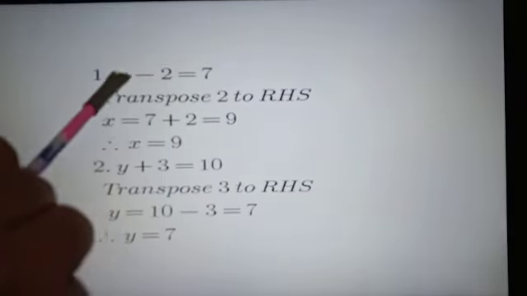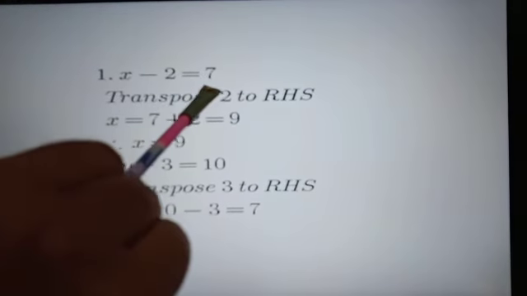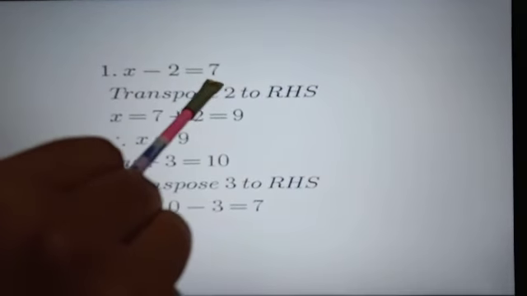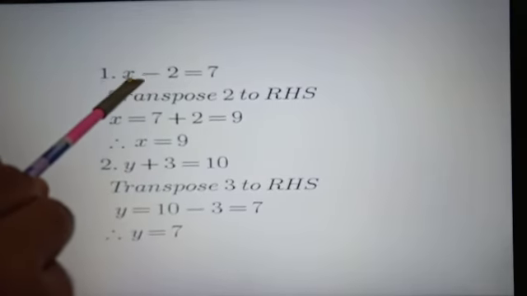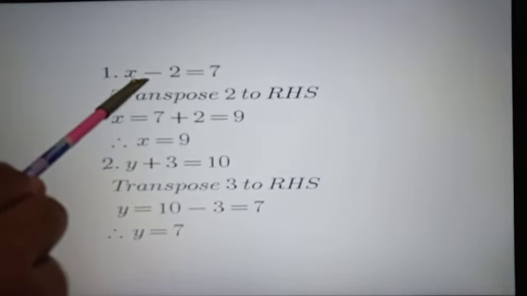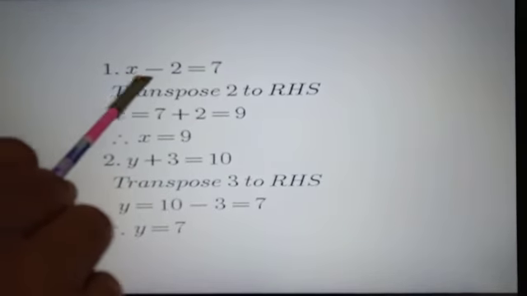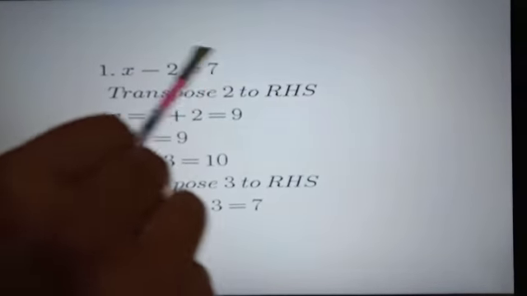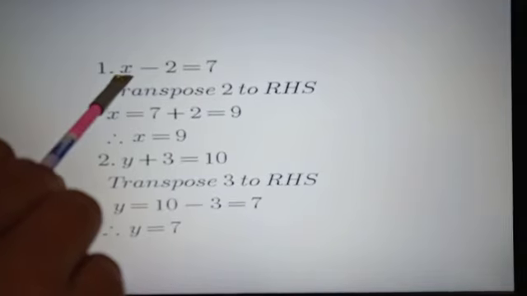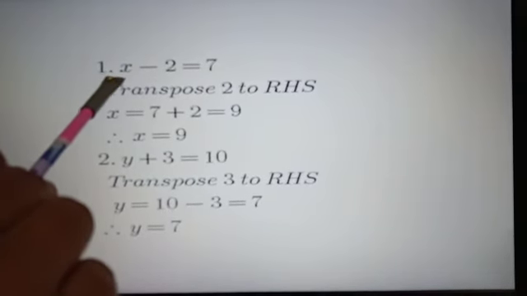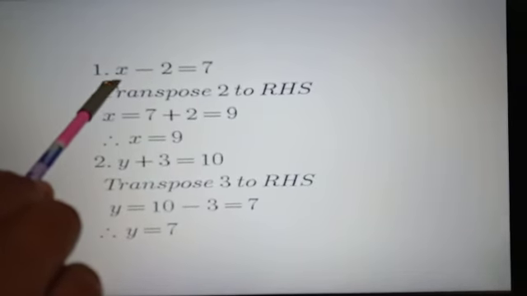See here, this is a linear equation. Why is it a linear equation? Because here the highest power of the variable x is 1. So this is a linear equation. Here we have to solve. Solve means we have to find the solution for the unknown value.